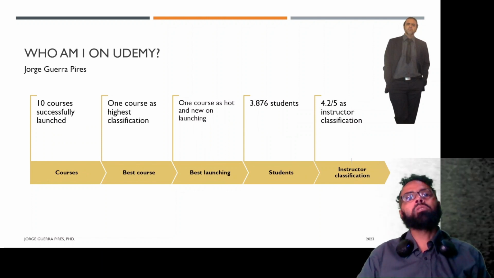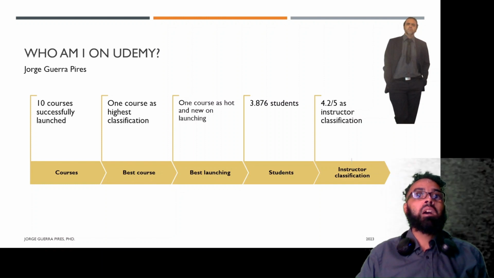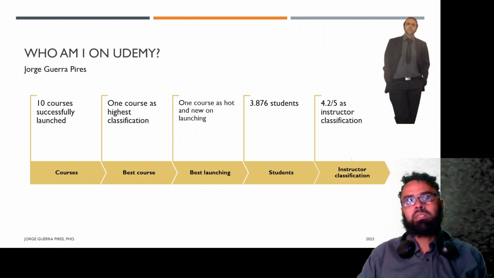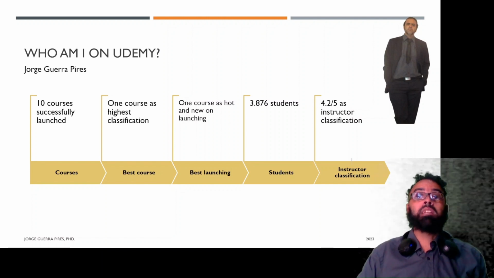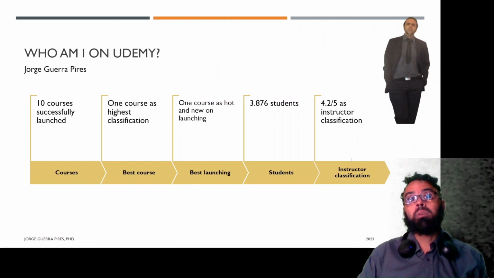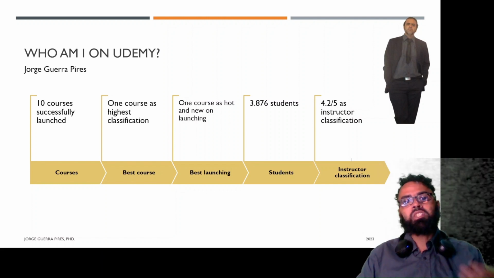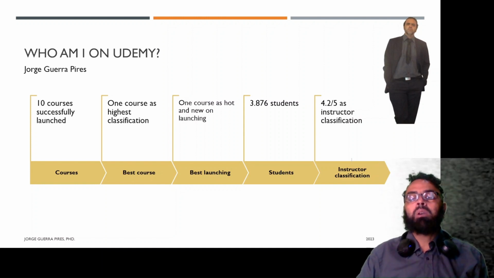So who am I on Udemy? I have about 10 courses, which were launched with success. One course has the highest classification, which by the way is about bioinformatics in Portuguese. One course, as I launched it, was hot and new. It was about unit testing, Nest.js, which is server-side web coding.